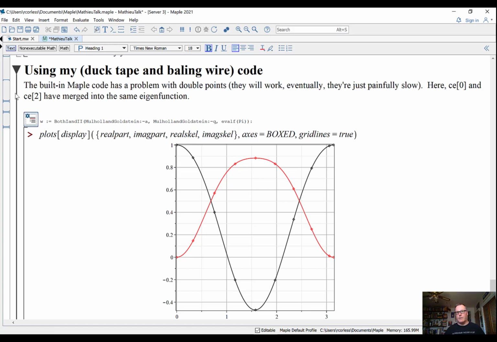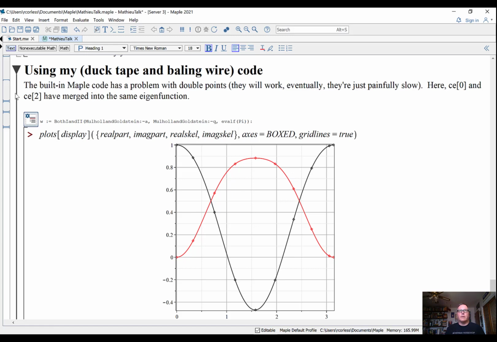It's essentially I solve the differential equation numerically, and this allows me to solve both for Mathieu functions and modified Mathieu functions. This is the solution for the Mulholland and Goldstein double eigenvalue point. The black is the real part of the solution, and the red is the imaginary part of the solution.